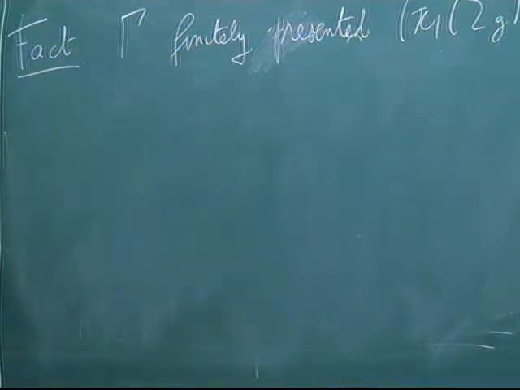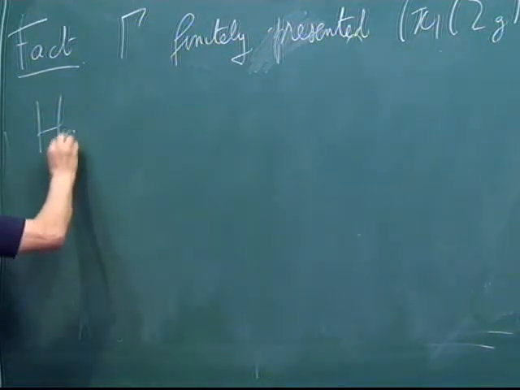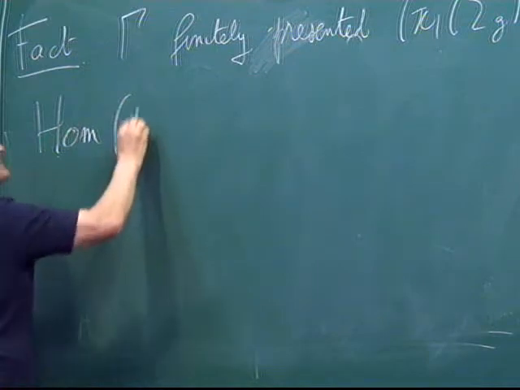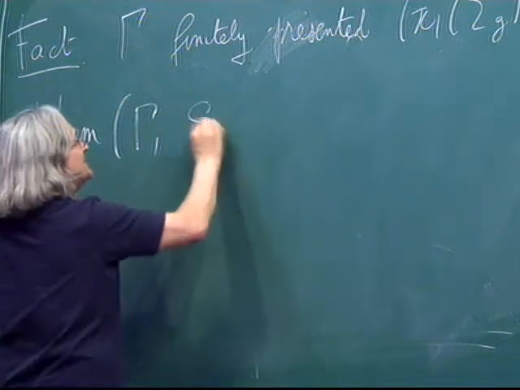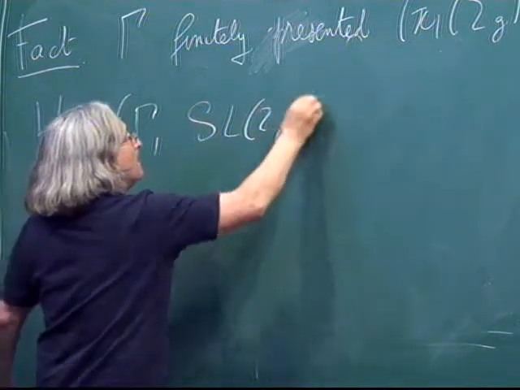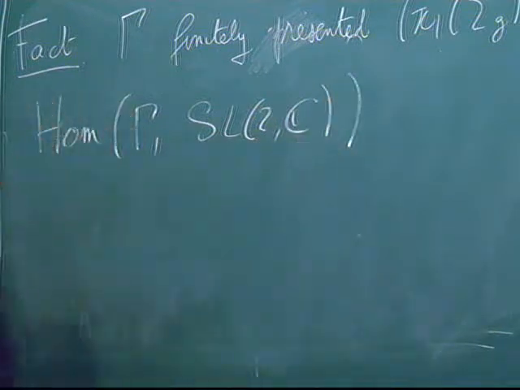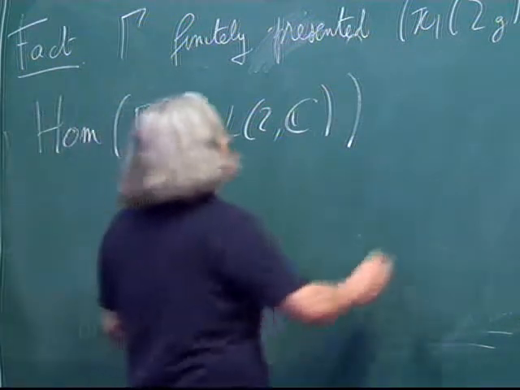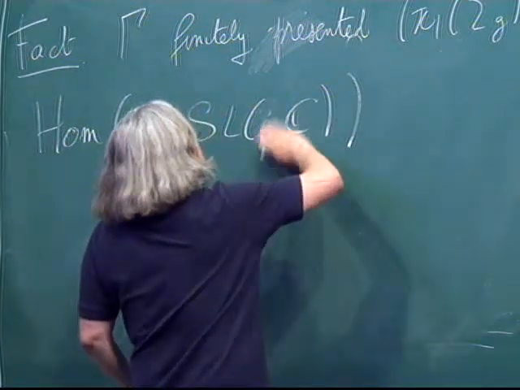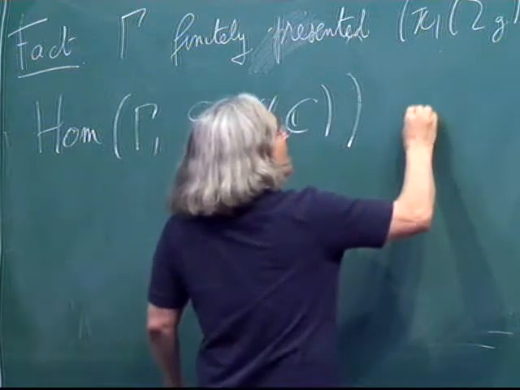Now you consider, as we are doing, the space of homomorphisms from gamma to, say, SL2C. This is an algebraic variety. I could even put SLNC, algebraic variety.